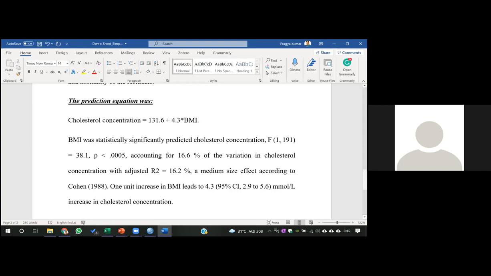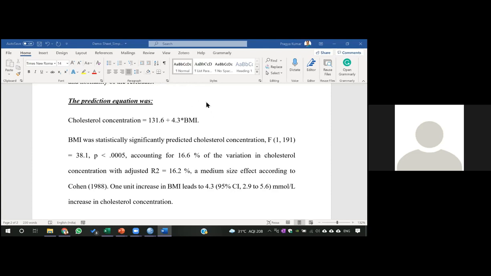P value was less than 0.0005. And this accounted for 16.6% of the variation in cholesterol concentration, with adjusted R square of 16.2%. This was a medium-sized effect according to Cohen. Okay. 1 unit increase in BMI leads to 4.3 millimole per liter increase in cholesterol concentration.